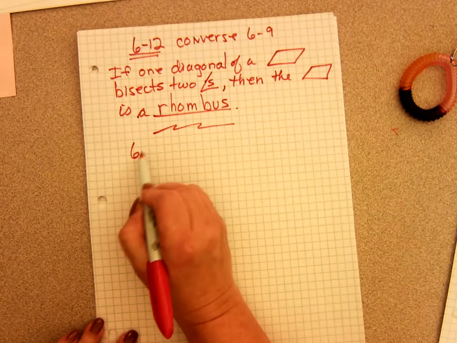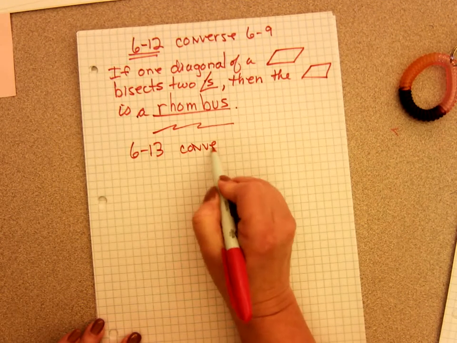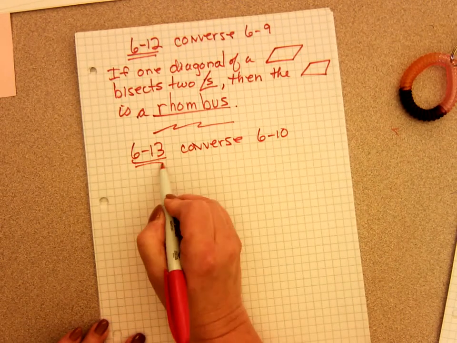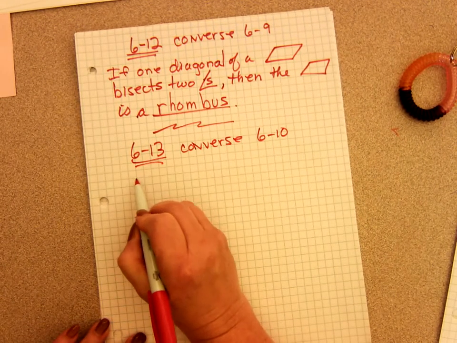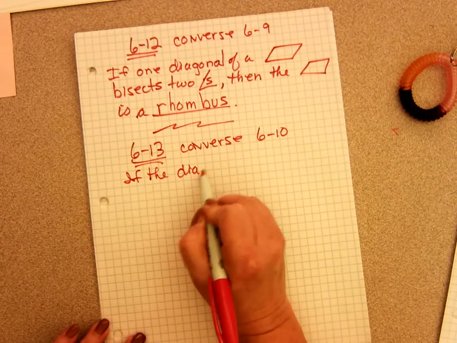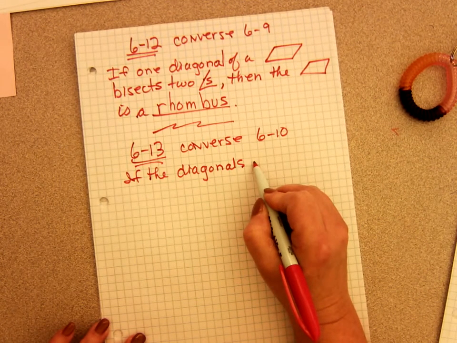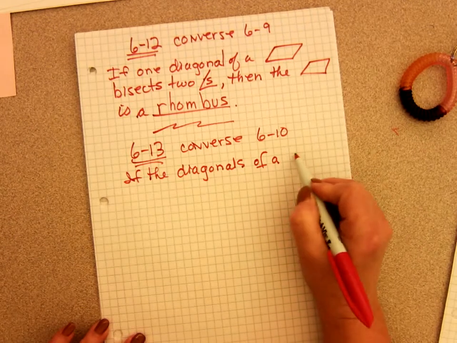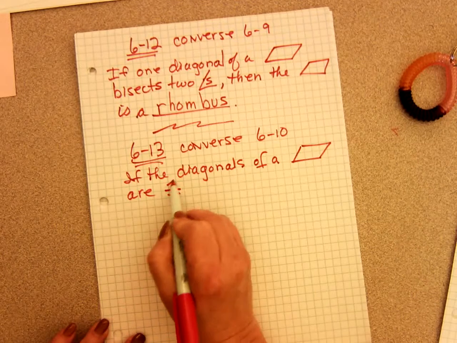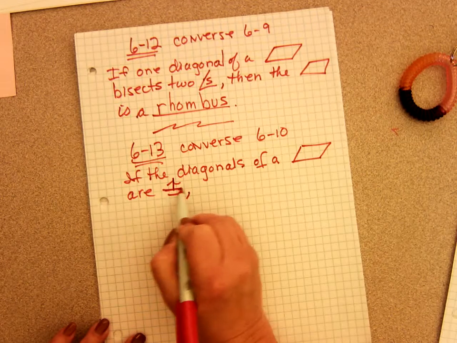6-13 is the converse of 6-10, and 6-13 states if the diagonals of a parallelogram are congruent, oh, I'm sorry, are perpendicular, I'm looking ahead.